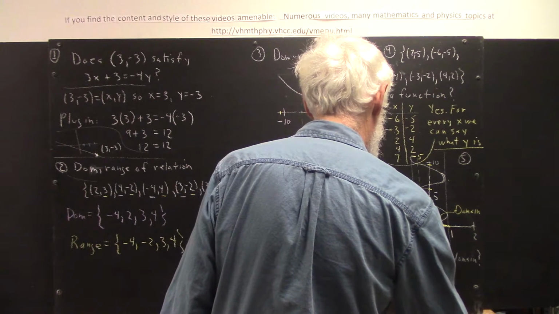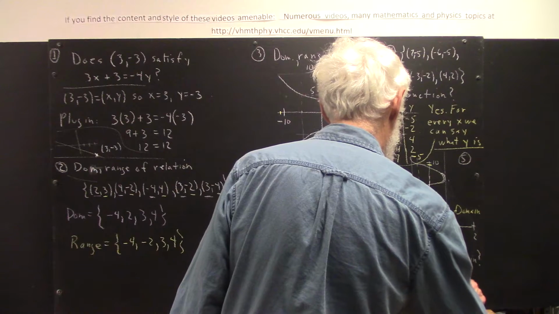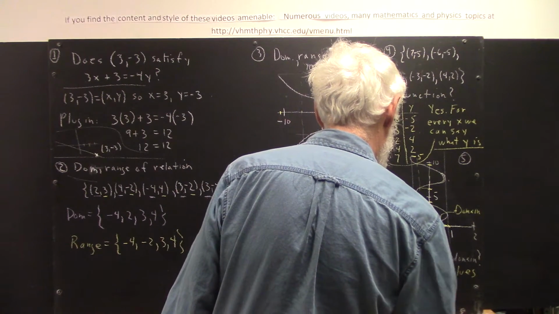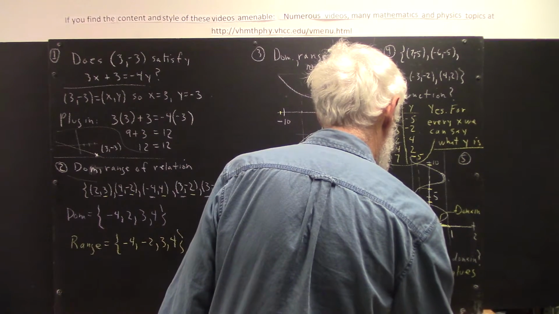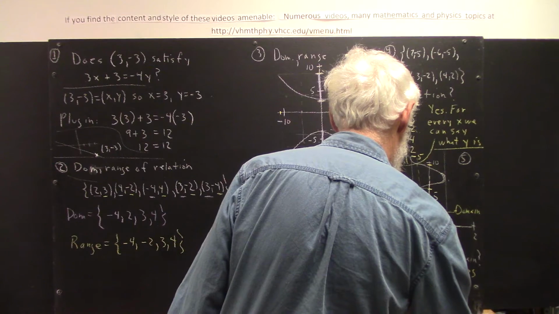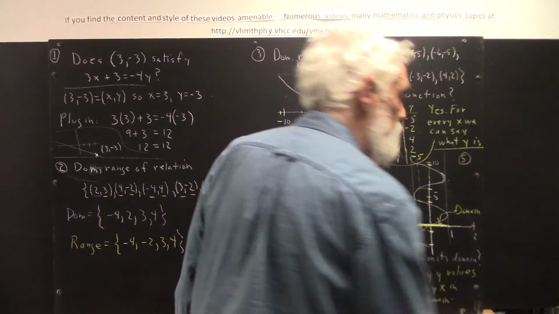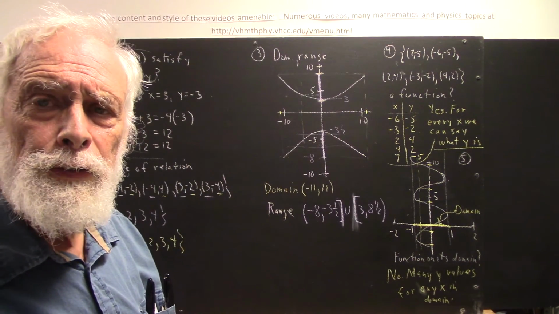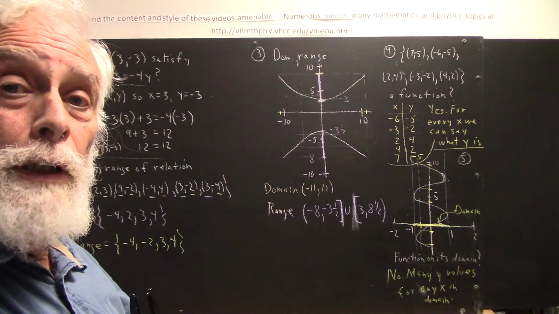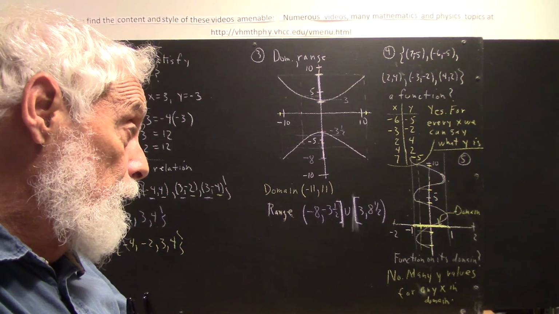There are many y values for any x in the domain. Any x from here to here gives you more than one y value. I've got an eye on the camera, going to have to cut off now.